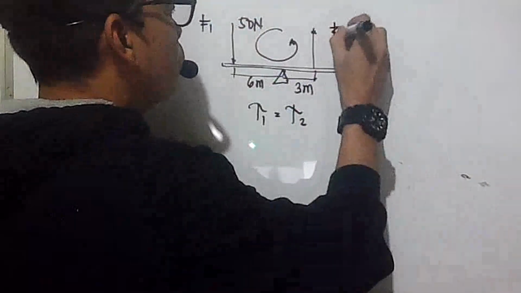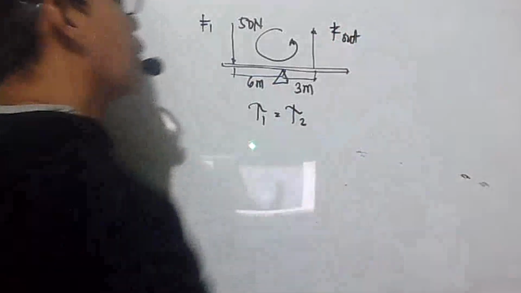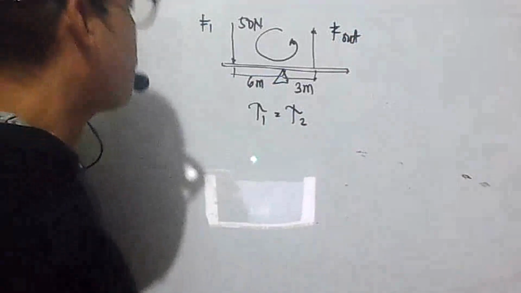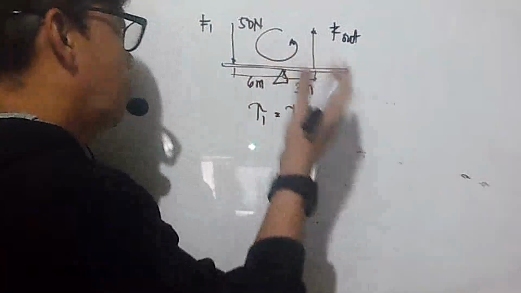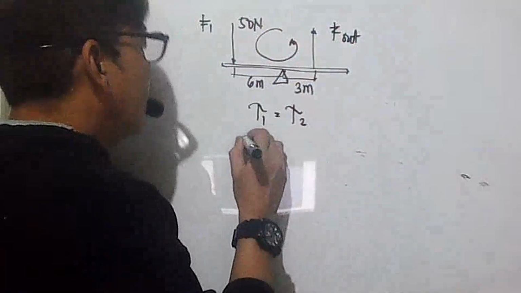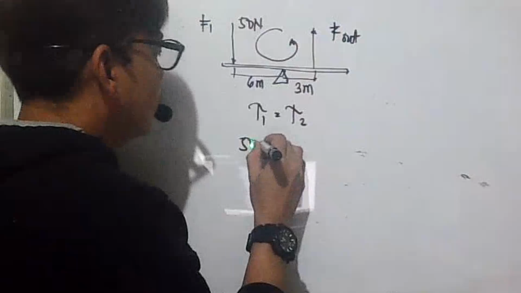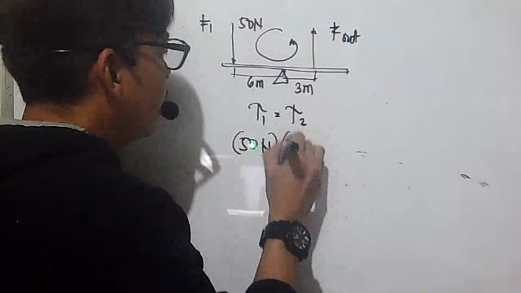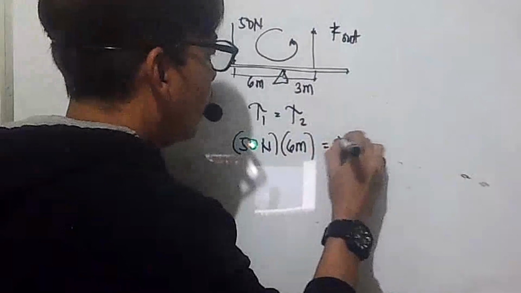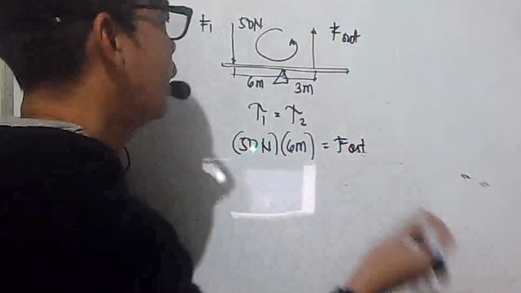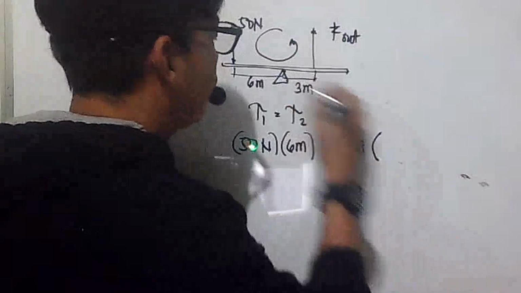This will be your F2 or your output force, F out. Here, T1 is equal to, there's no problem, they're just perpendicular. So 50 newtons multiplied by 6 meters is equal to your torque 2, which is your F out, which has no value yet, multiplied by the distance of 3 meters.